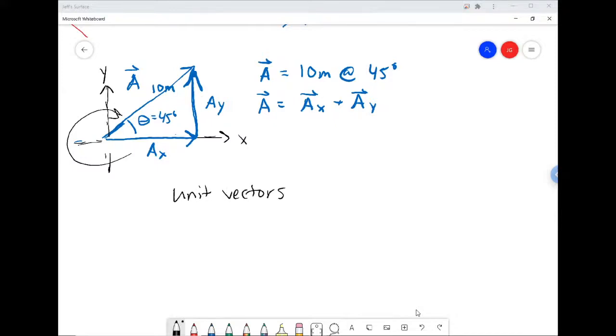And unit means one, vector means quantities that have magnitude and direction. So unit vectors are vectors that have magnitude 1.